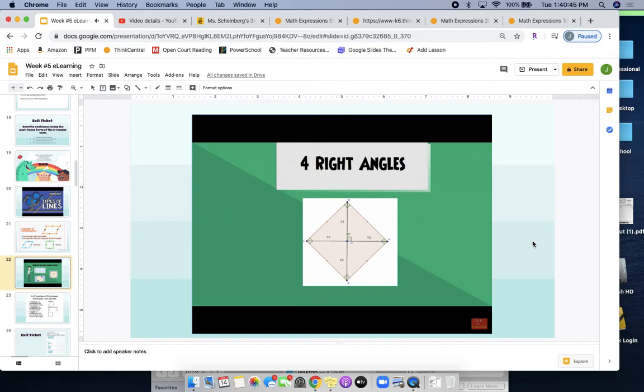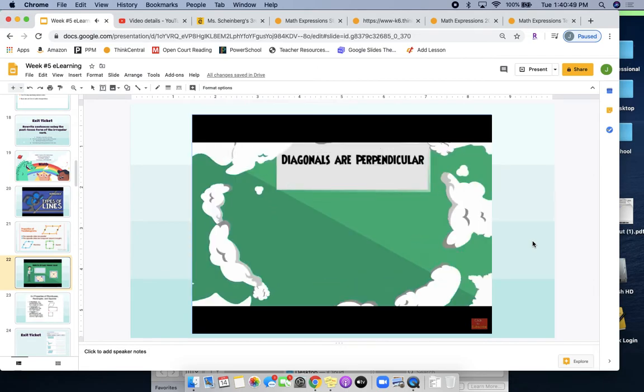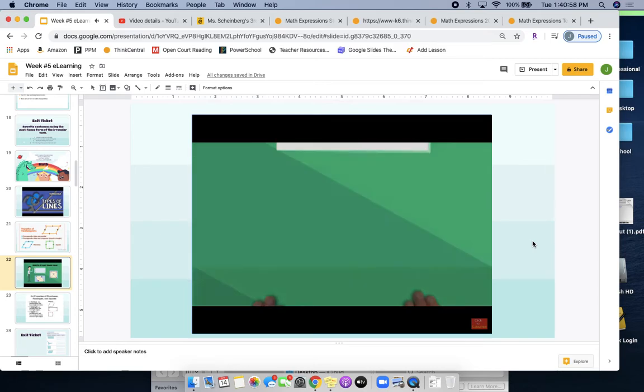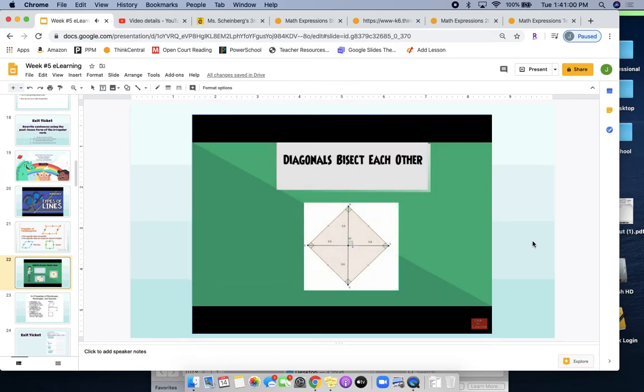Along with these 4 sides, you have 4 right angles. The diagonals of a square are perpendicular and create 4 right angles. The diagonals also bisect each other.